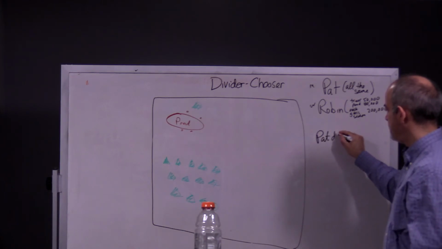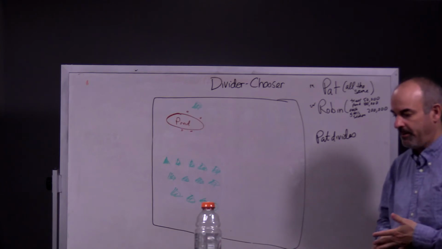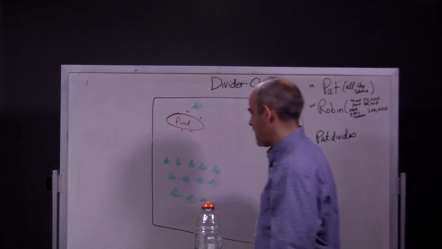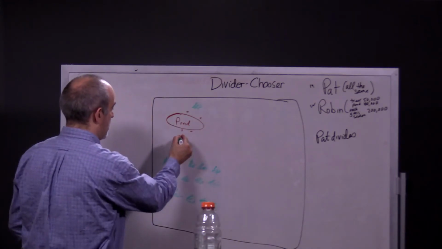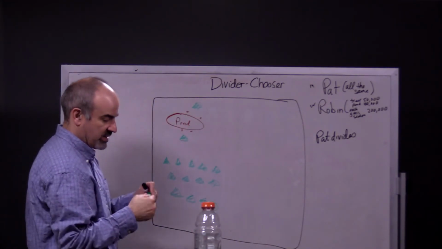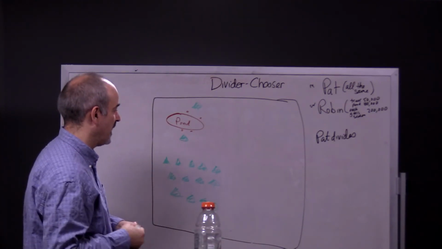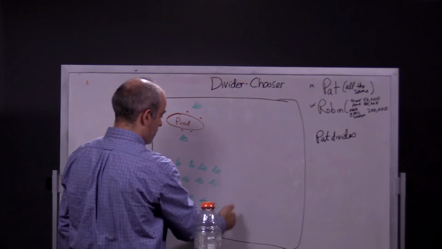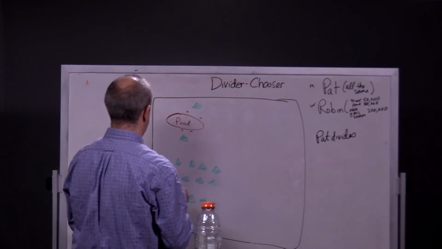Pat divides. Pat doesn't care. Everything's worth the same to Pat. Let's put another tree here. Everything's worth the same to Pat. So Pat will, he doesn't care. He'll either just go down like that, or I think he would probably do this.